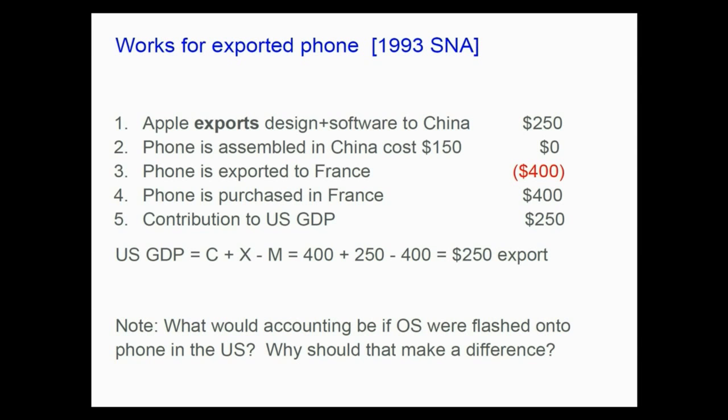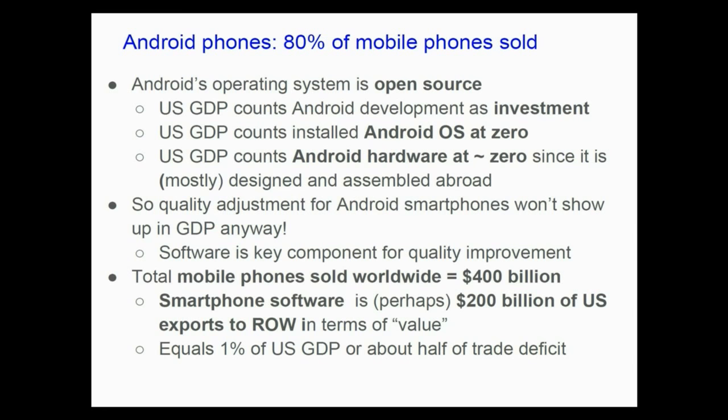You again get down to the same number, but now it shows up in the domestic GDP for a different reason, because it's counting as an export of this intangible, the software and design, to another country. So Android phones, well, that's at least my view of what that market should look like.